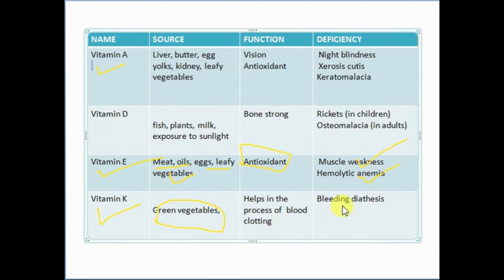If you have deficiency of vitamin K, then it can cause bleeding diathesis. If clotting will not work properly, unwanted blood loss will be there from your body. So these are the functions and deficiencies related to these vitamins.